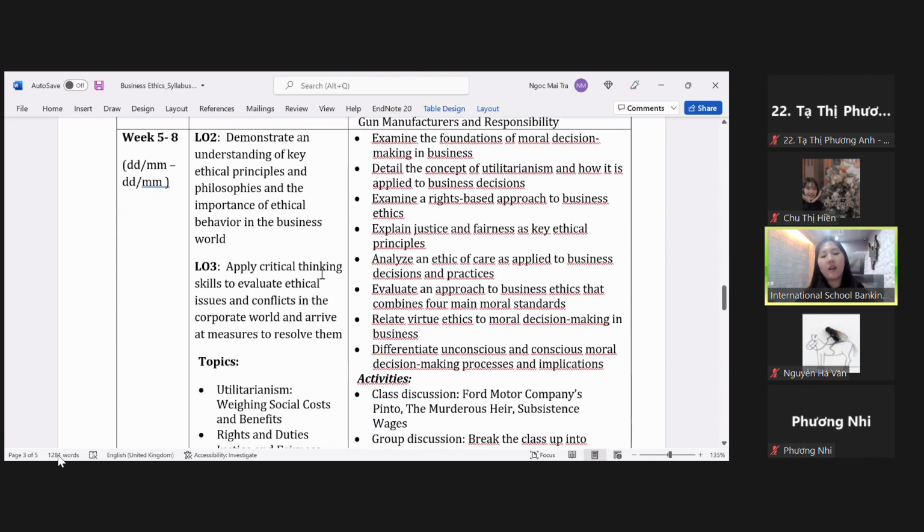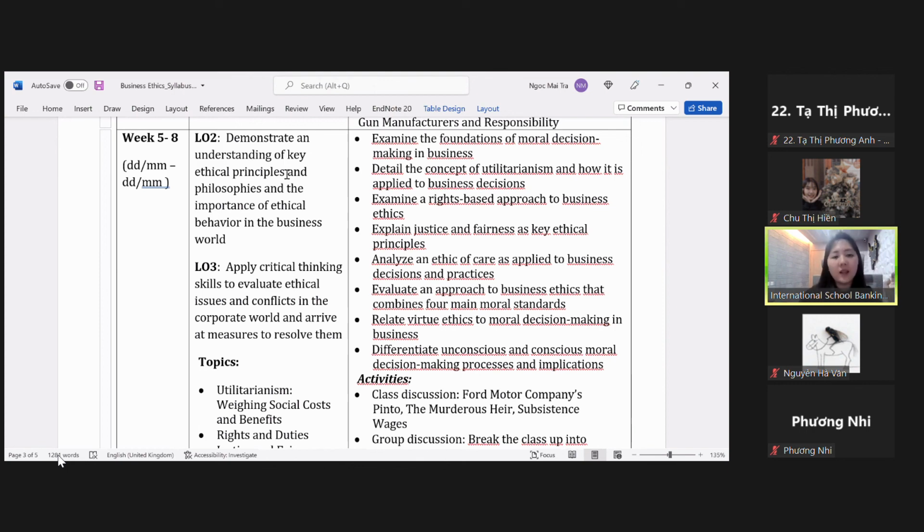Okay. And the following month we spend another whole month learning the second chapter, chapter number 2. In chapter 2 we learn about key ethical principles. What are the most important ethical principles in the world? And what is the most popular one that people are using right now? We are going to learn all of those.